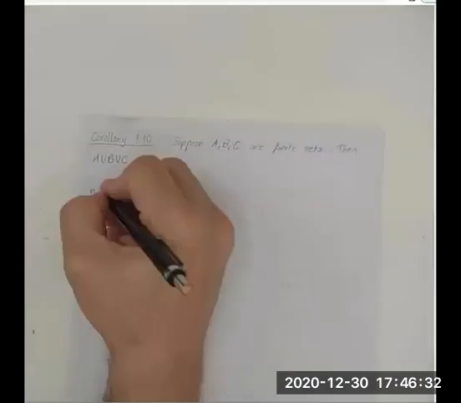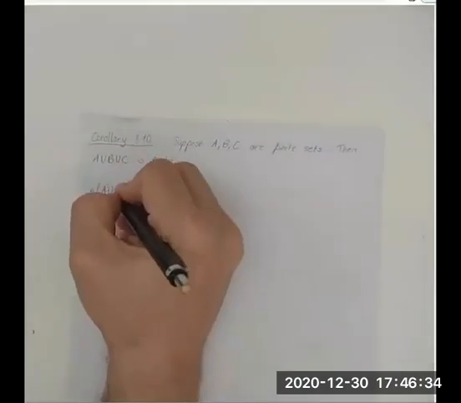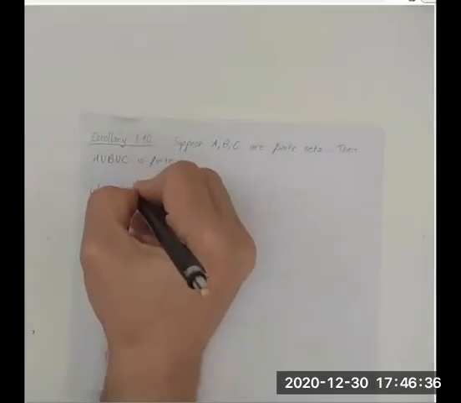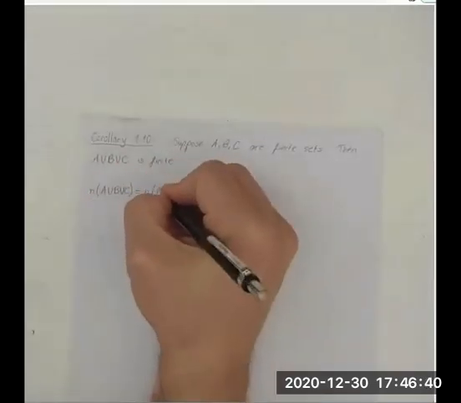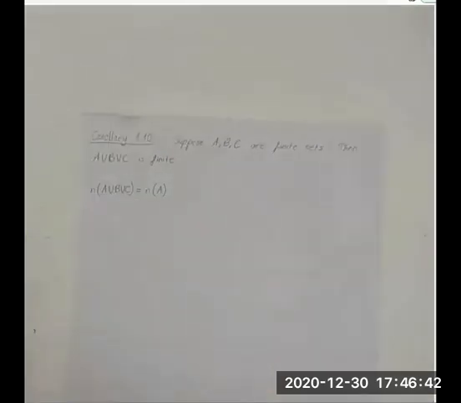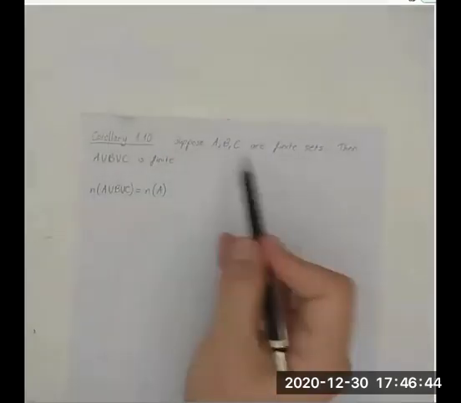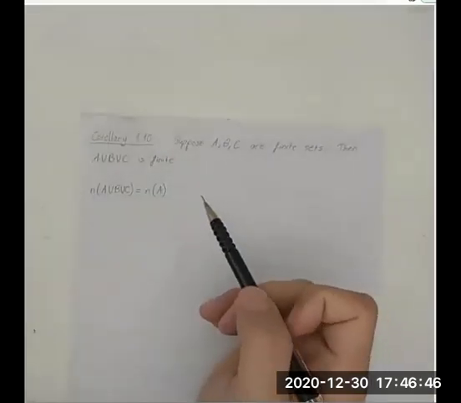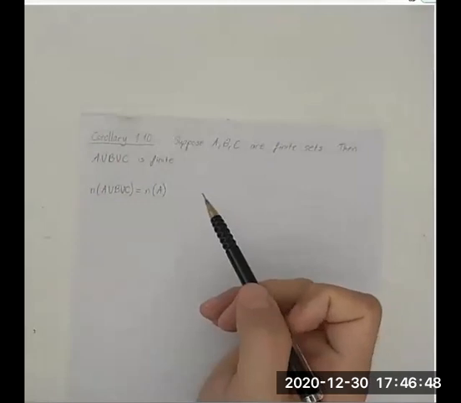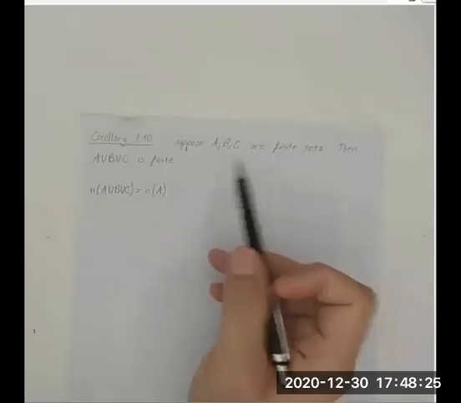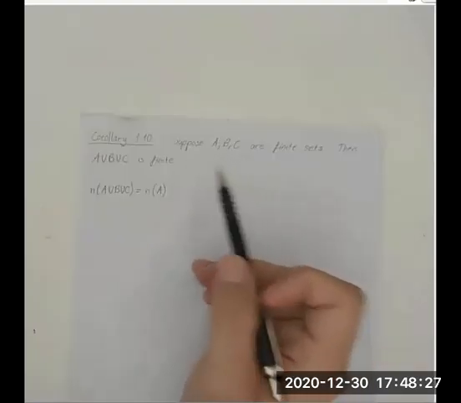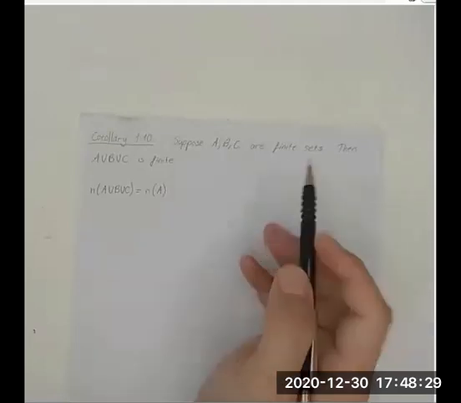So the number of A union B union C is equal to the number of A. I don't know the details of these sets: whether there are common elements, or they are disjoint.